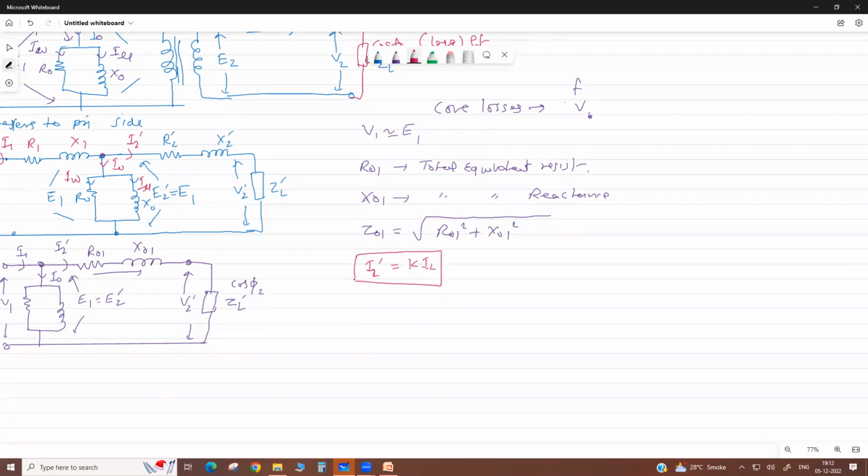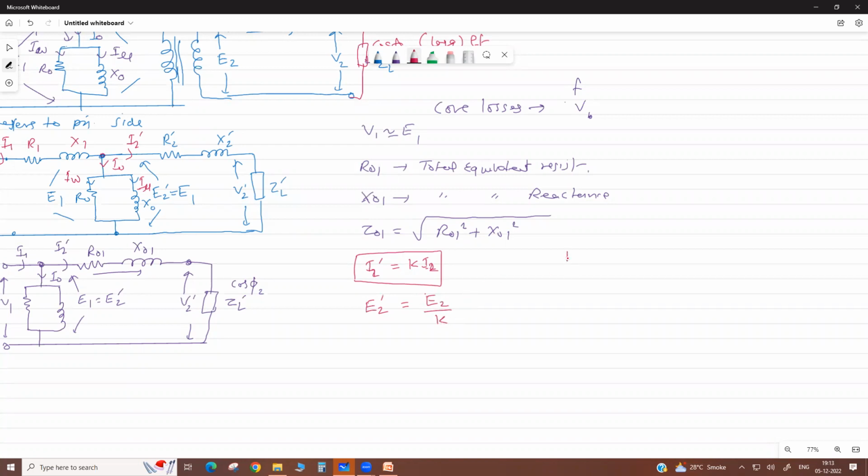Okay. So yeah, this I2. And you know, current is multiplied and E2 dash equals to E2 by K.